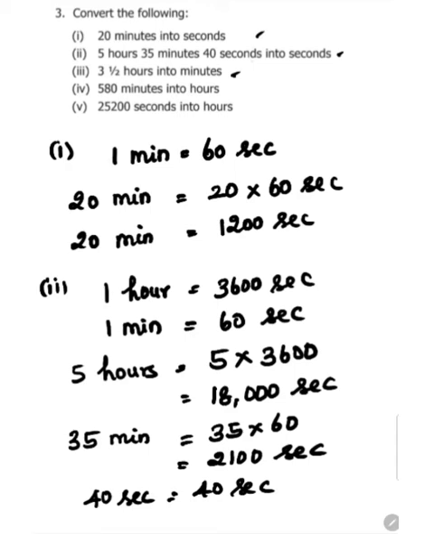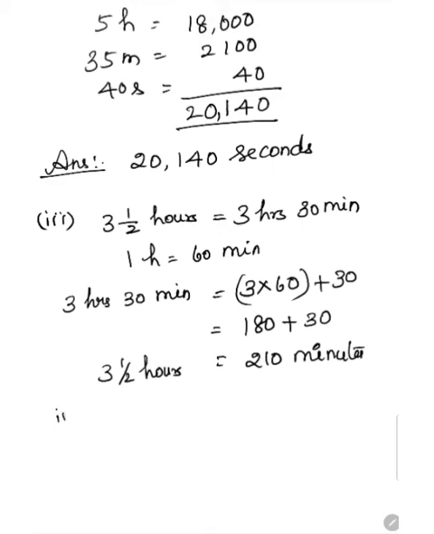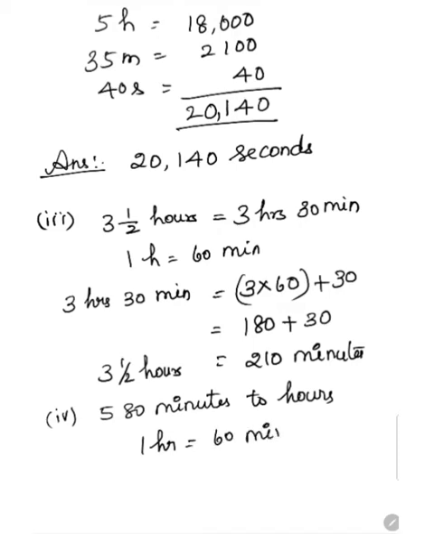The next one is 580 minutes into hours. We know 1 hour is equal to 60 minutes, so 1 minute is equal to 1 by 60 hours.